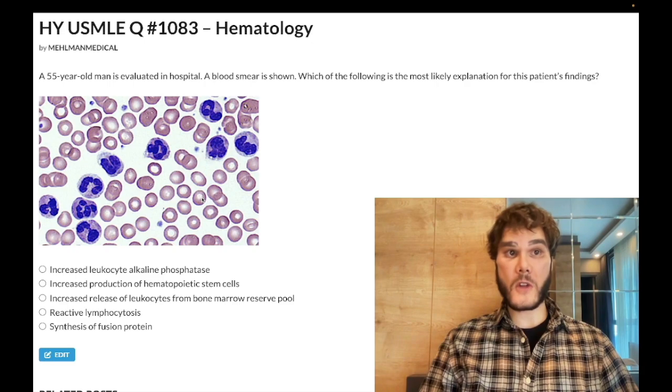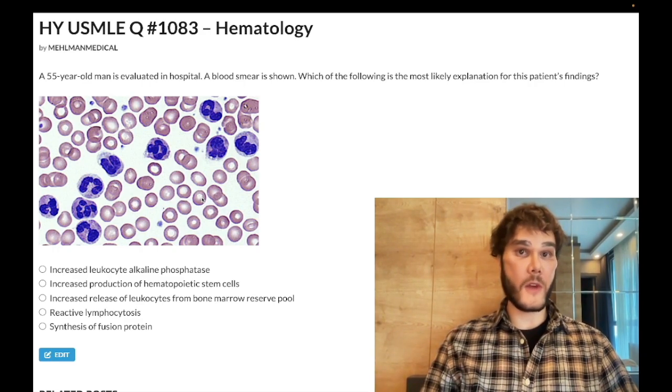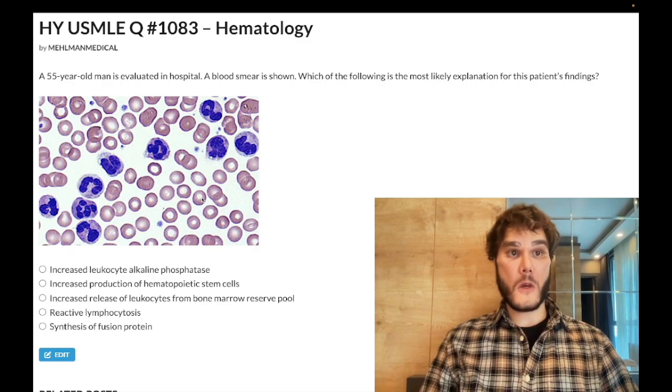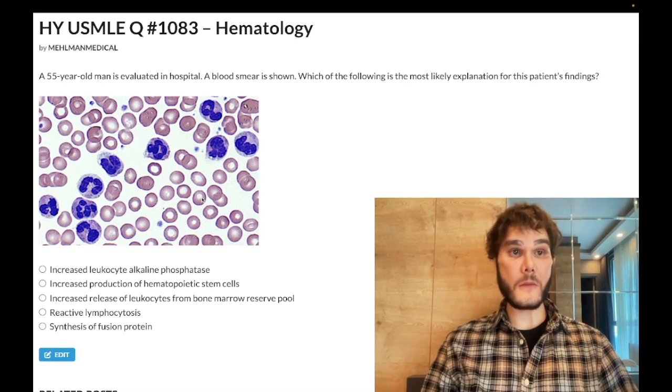But let's say patient has a leukocyte count above 30,000. You think, wow, that could be leukemia. Leukemia most of the time, you're going to have a super elevated leukocyte count. So if a patient has an infection and the leukocyte count is greater than 30,000, you say, that could be leukemia.